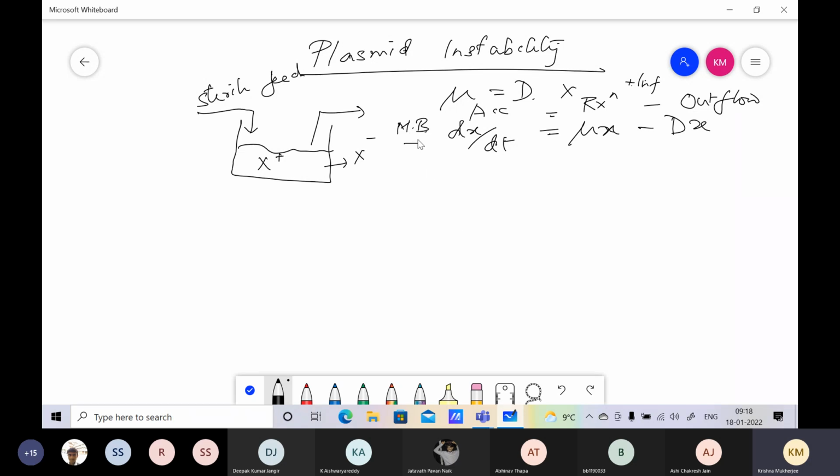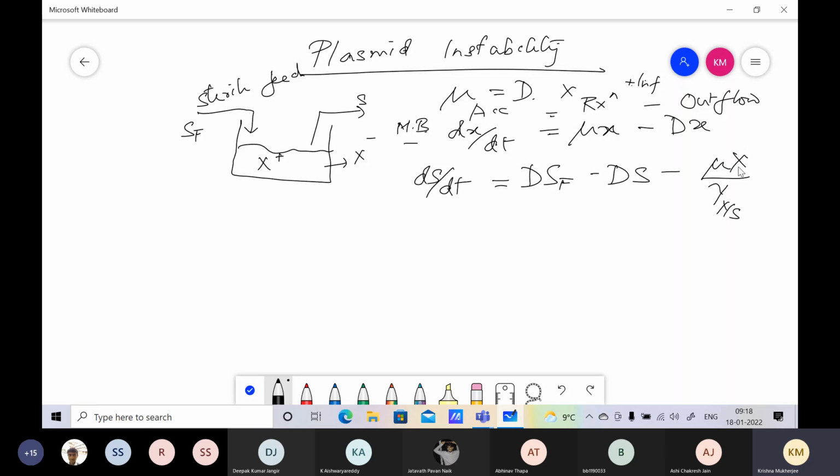This is the material balance on biomass. But what about the material balance on substrate? ds/dt is equal to D sf, if feed is sf, and this is s, minus Ds, where this is inflow minus outflow, minus mu x by Y_x/s, the rate of consumption of substrate.